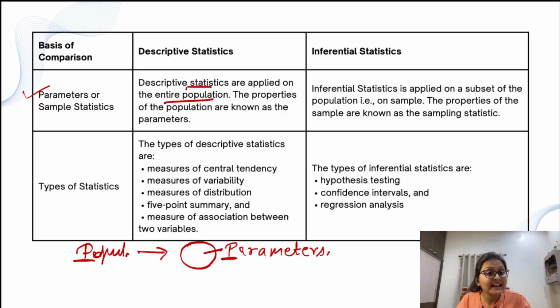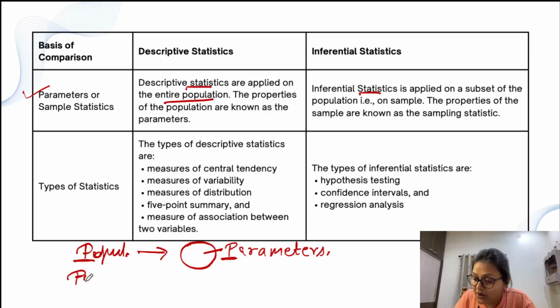So the first letter is P. Then inferential statistics is applied on a subset of that population. A smaller set of that population is known as the sample.